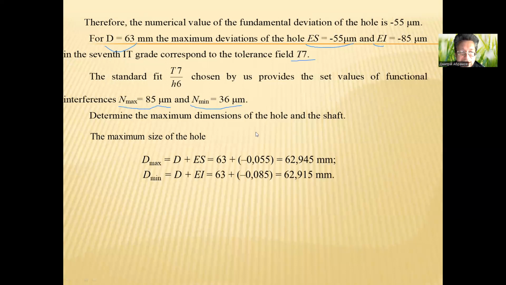The maximum size of the hole is the nominal diameter of the hole plus the upper limit deviation of the hole, and we have 63 plus minus 0.055 millimeters, which is 62.945 millimeters.